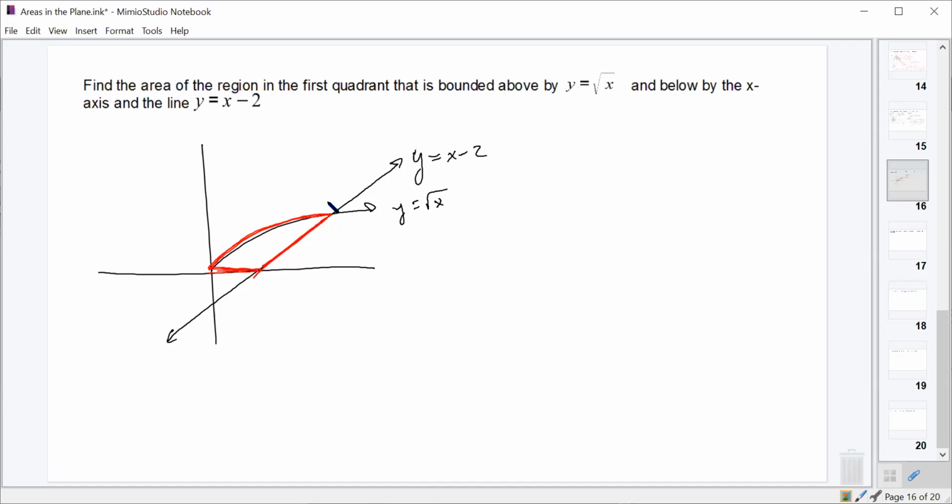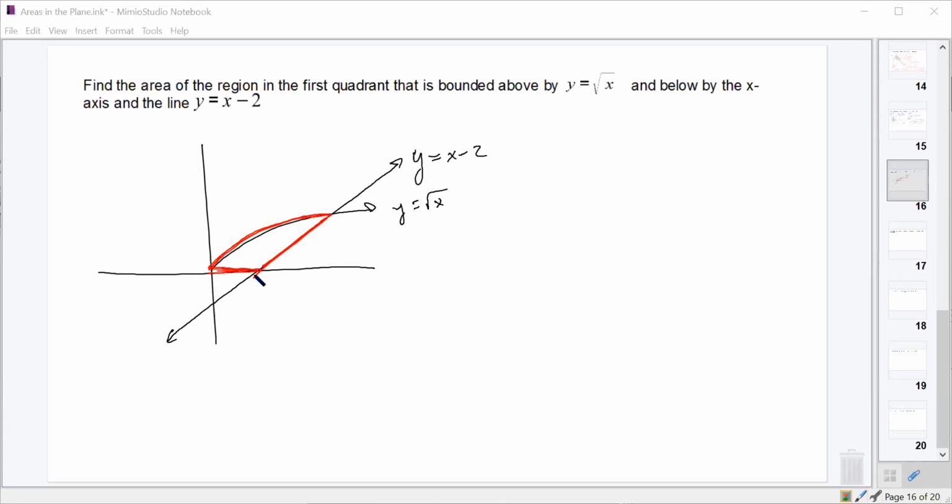Because it's bounded by 3 lines. There are 3 different things that bound this region. The upper function is always square root of x. Would you agree? Yeah, I would agree. But the lower function is sometimes the x-axis, y equals 0, and it is sometimes the line y equals x minus 2. You all see that?